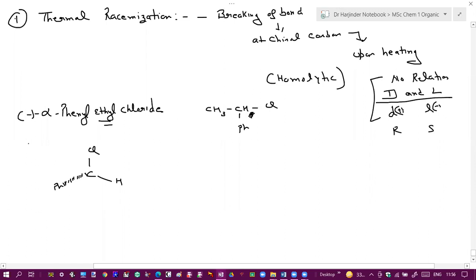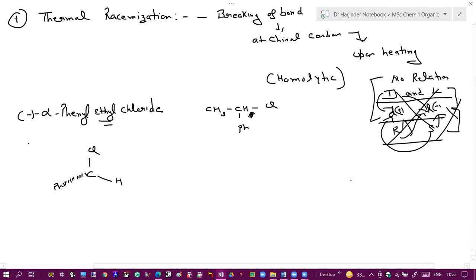Small d or small l, or the sign plus minus, is the direction of rotation of plane polarized light. R and S is the absolute configuration. There is no relation between them. R can be minus or plus, S can be minus or plus, D can be plus or minus. There is no relation between them. Is this clear?